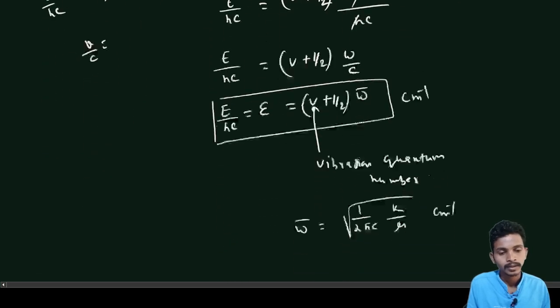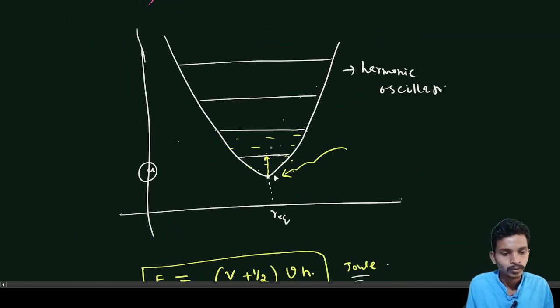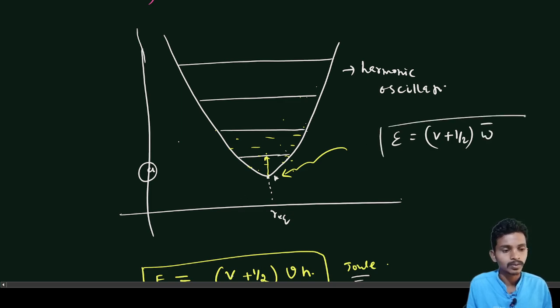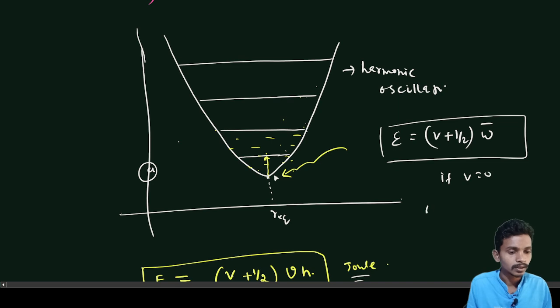So this equation we will put, and we will derive the energy levels. So epsilon equals v plus half omega naught. Let's say if v equals 0, then epsilon becomes half omega naught.